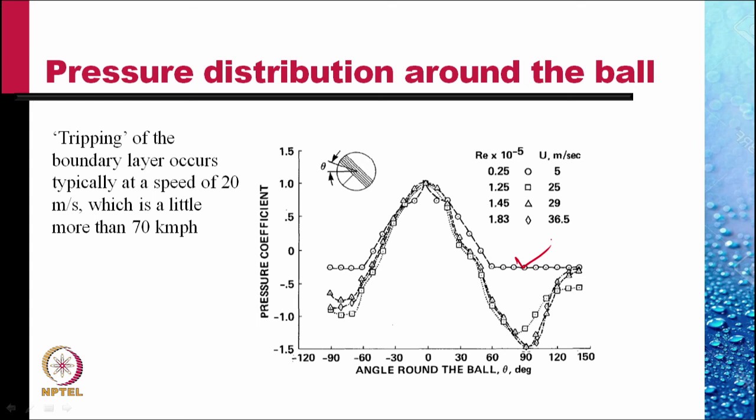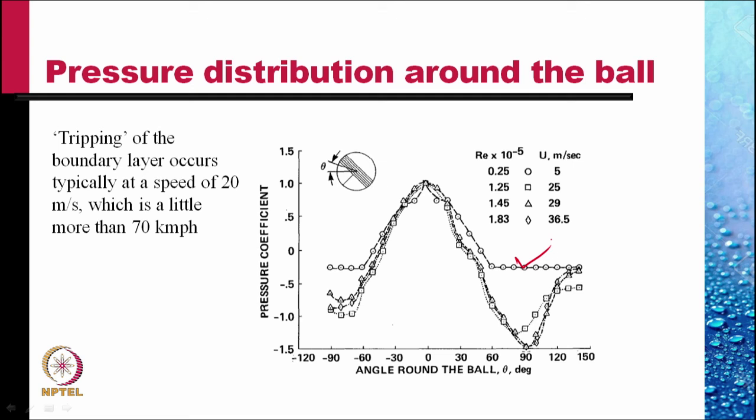The Reynolds number is so low that even with the seam creating roughness, the boundary layer does not transition. It remains laminar. And so the pressure distribution is the same on the left as on the right, and no swing force results.